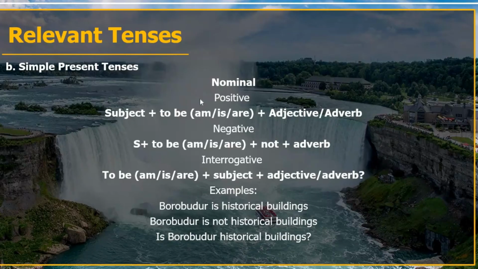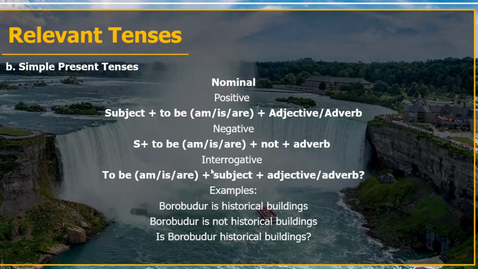And the nominal one. The nominal one has a positive formula: subject plus to be am, is, are plus adjective or adverb. Then the negative one has formula subject plus to be am, is, are plus not plus adjective or adverb.